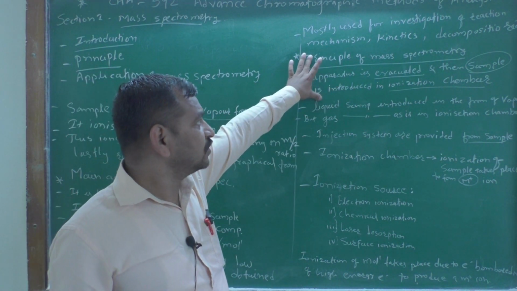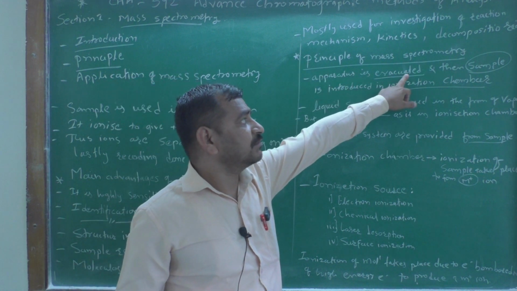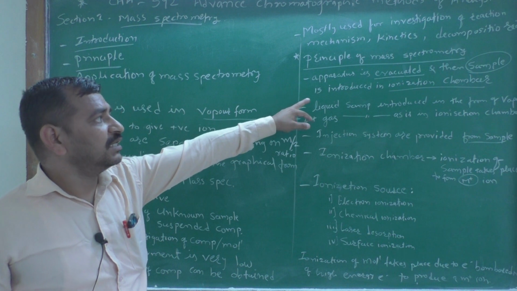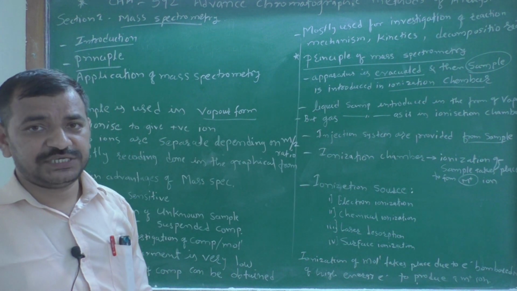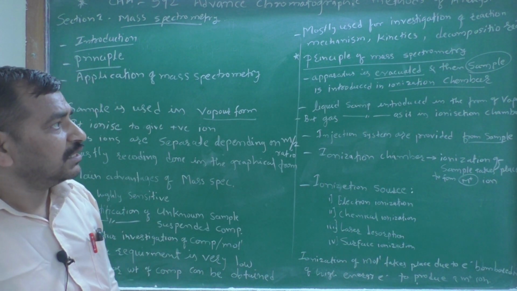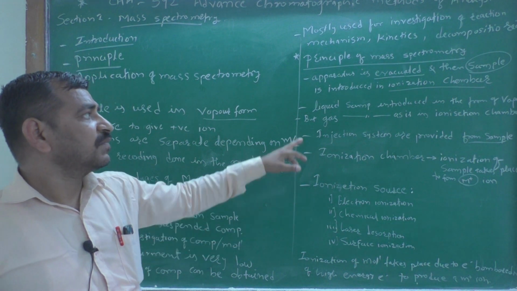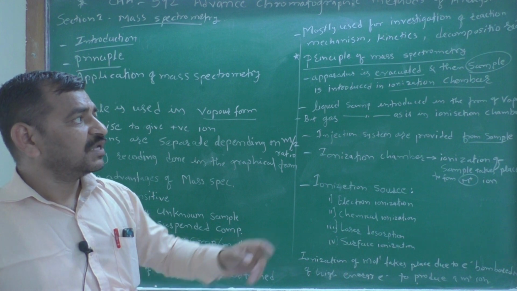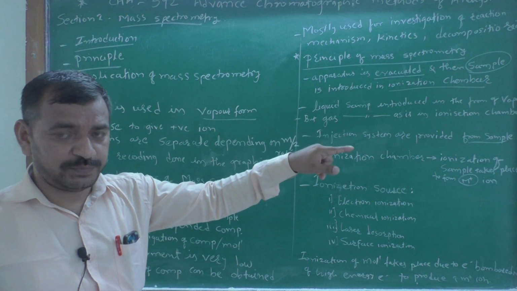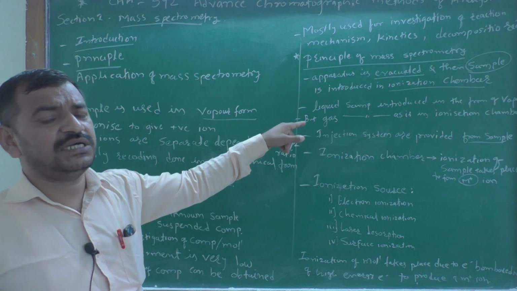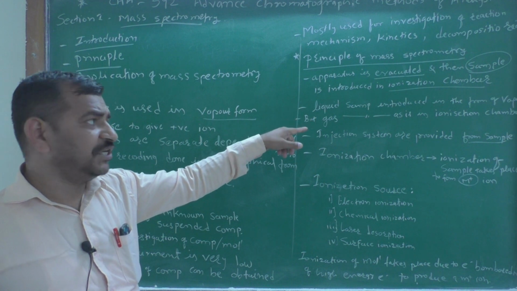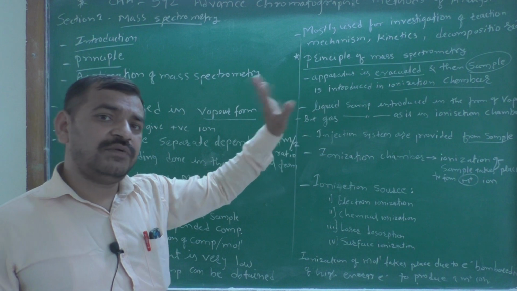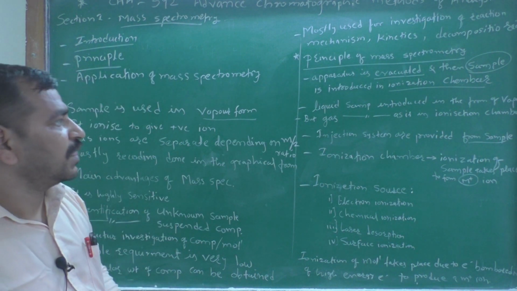First the whole instrument is evacuated, and then the sample is introduced. In the ionization chamber, a liquid sample is introduced in the form of vapor. A heater is used so the liquid sample may be vaporized.